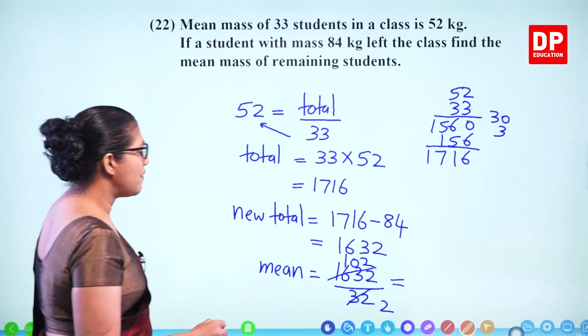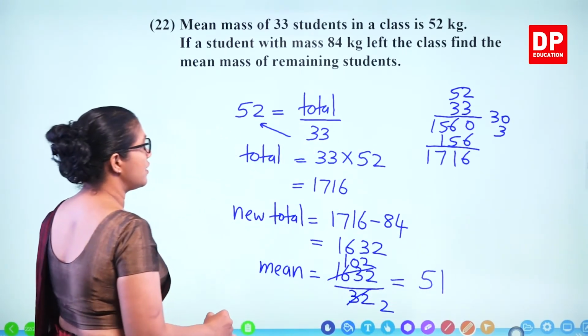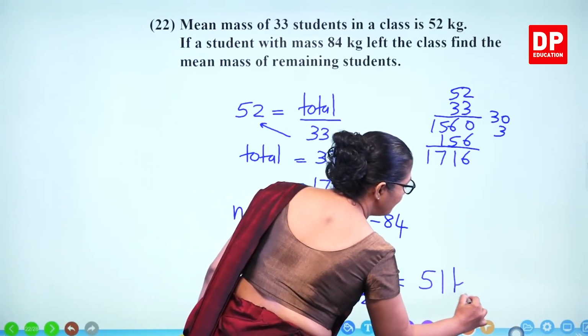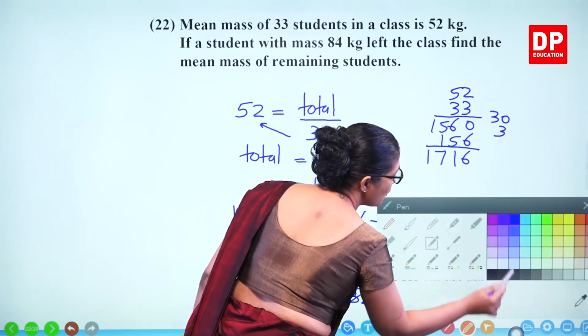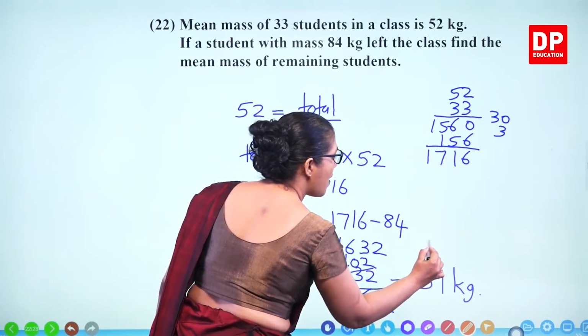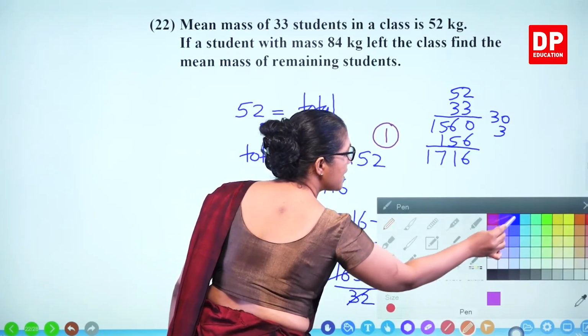So 102 divided by 2, that's 51. So the new mean value is 51 kilograms. So that's a 2 marks question. You get 1 mark for the answer and 1 mark for the method.